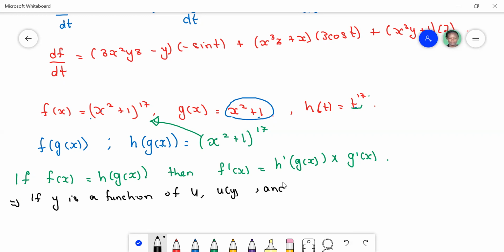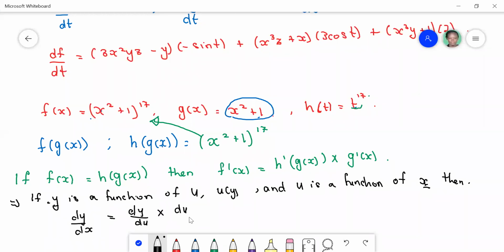And this same u is a function of x. Then dy/dx for the second part: if I want to find dy/dx, it is going to be equal to the derivative of y with respect to u, times du/dx.